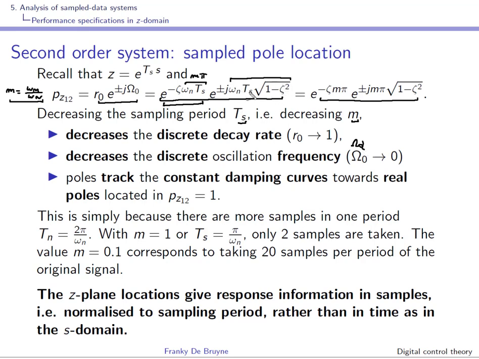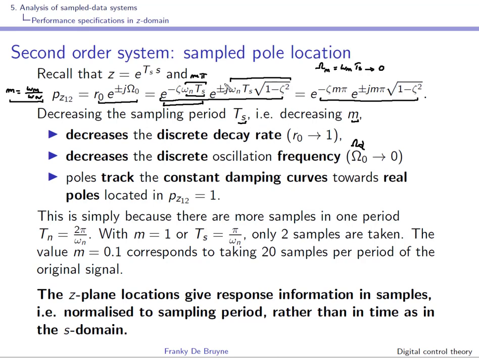Well, you can see that when ts, the sampling period, decreases, this damped discrete frequency tends to 0. Okay, another way to see this is that this frequency over here, the discrete natural frequency, which is omega n, the natural frequency times ts, well, it also tends to 0.